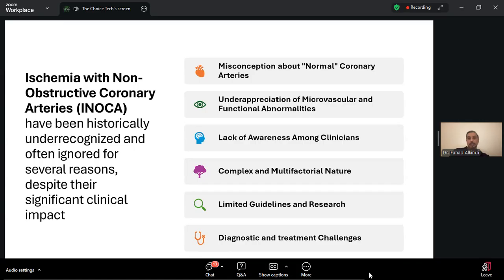So there is underappreciation of microvascular dysfunction and a lack of awareness among clinicians. Because of that, even in the guidelines, there is no stress or emphasis on microvascular dysfunction like what we see in epicardial disease.